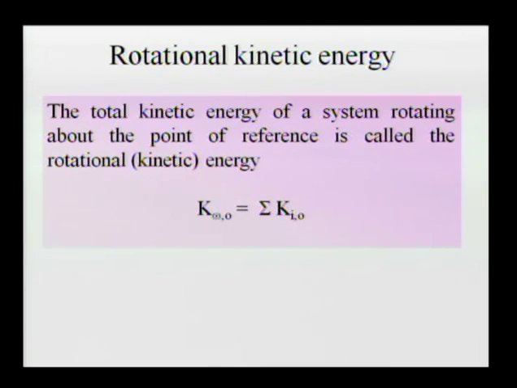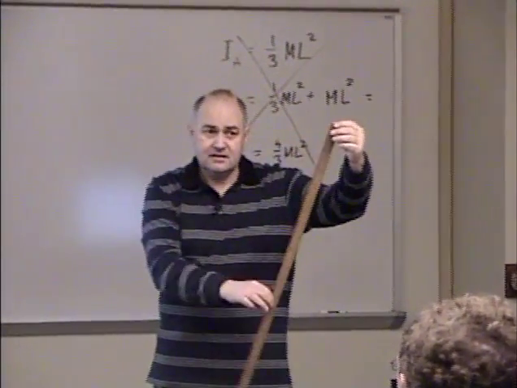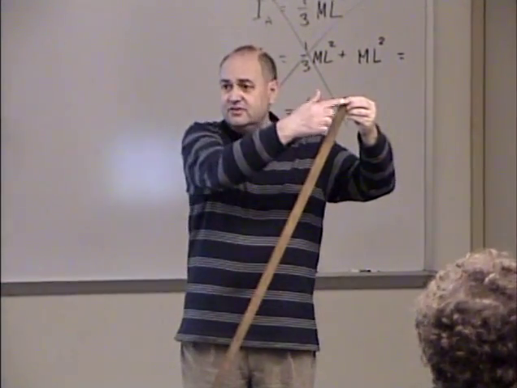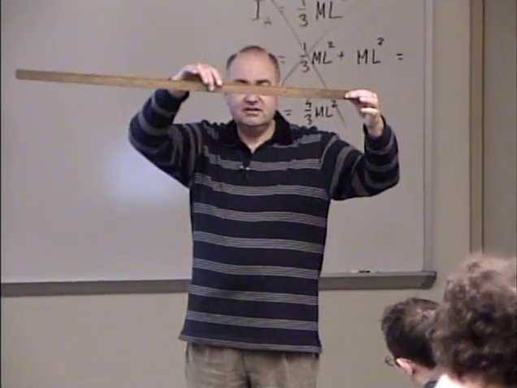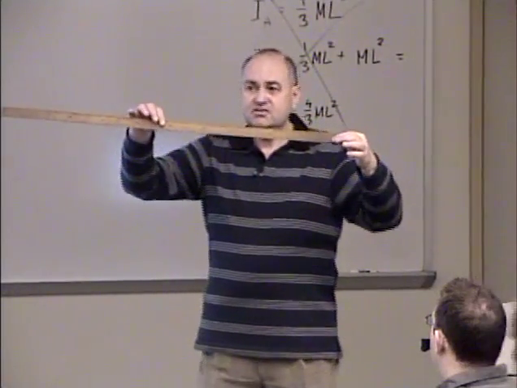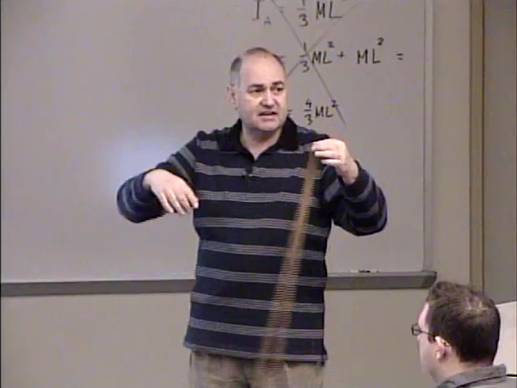If I look at this rod over here and let it go, it has rotational kinetic energy with this point being a reference. In this situation, the object will have purely rotational kinetic energy if it swings like that.